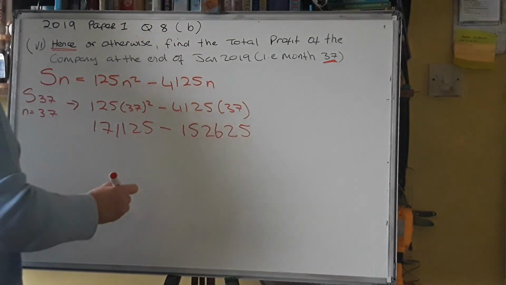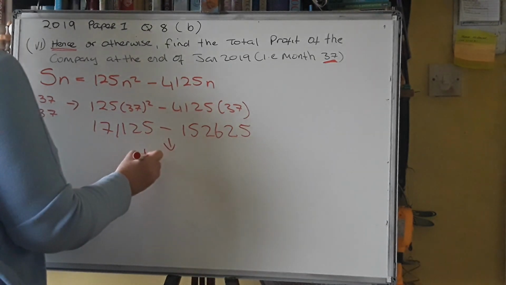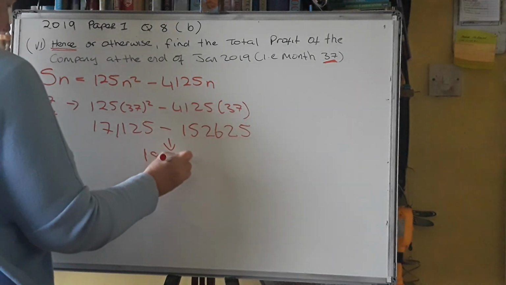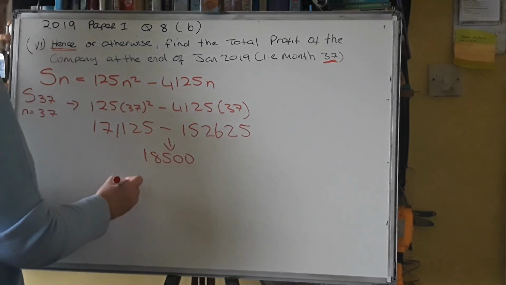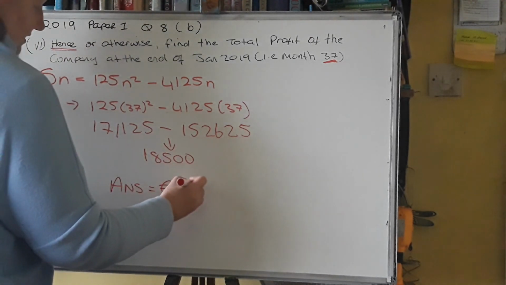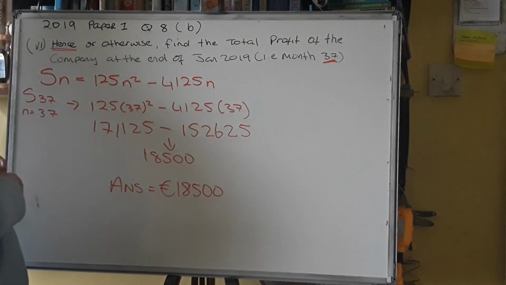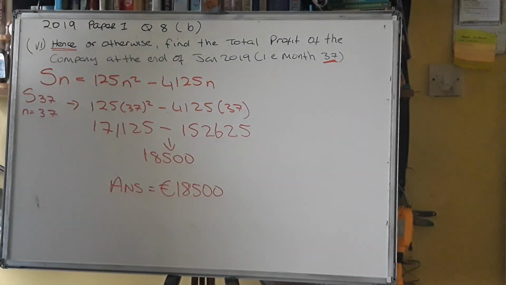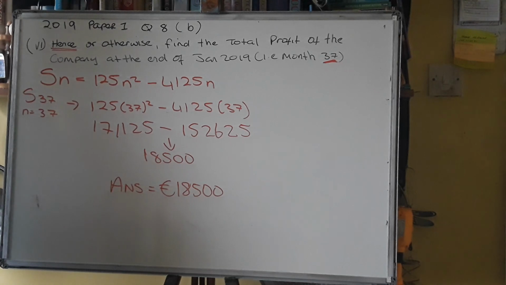And when you do that, you get 18,500. So the answer, the total profit is 18,500. That is what they've made to the end of January 2019. Doesn't seem like a lot, to be honest with you. Anyway, that's how much money they've made. Okay, so that is 2019 paper 1 question 8.